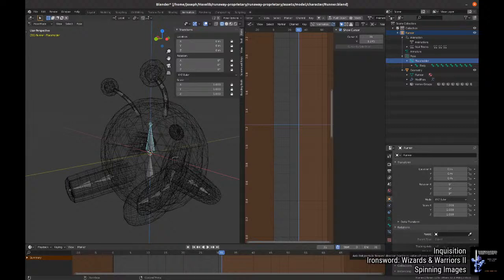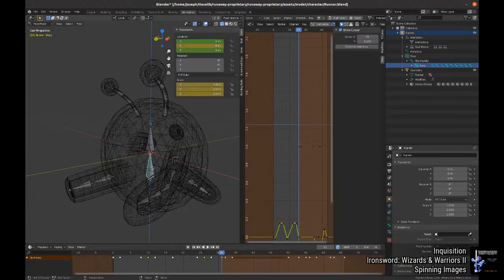Tracking axis. I hope that's not relevant, because if it is, I don't know why it's causing the problem.